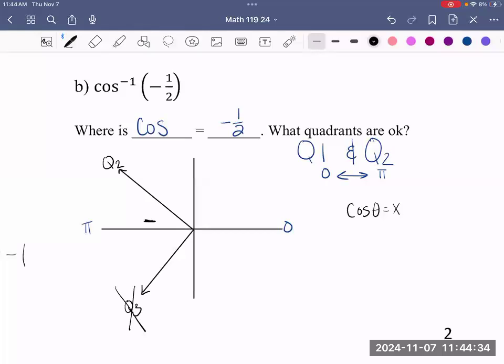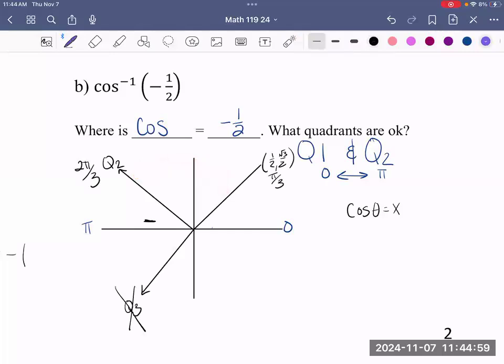So where is cosine equal to 1/2? Taking your unit circle, to get a coordinate of 1/2, root 3 over 2, this must be pi over 3 related. So using your reference angle pi over 3, now to put it over on the other side, we have 2 pi over 3.